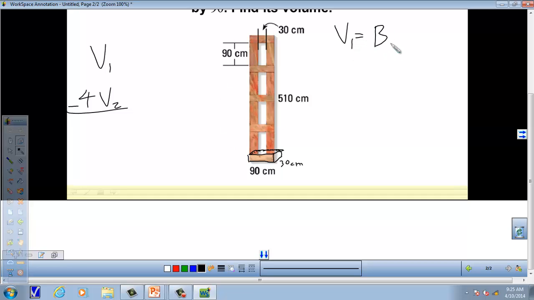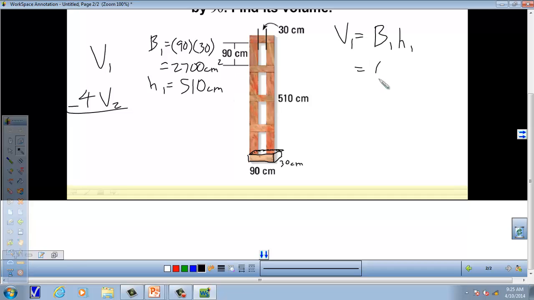So the first thing we want to do is find the first volume, which is the whole thing. And so we're going to have to find the base of the whole thing and the height of the whole thing. In this case, the base is 90 by 30. So we would say base 1 is 90 by 30, or 2700, and that would be square centimeters. The height here is the 510 centimeters.